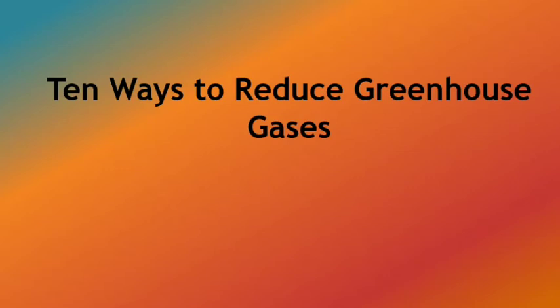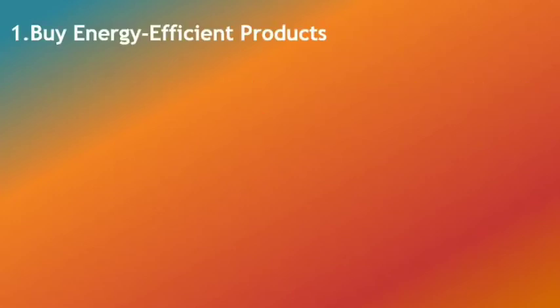You can help to reduce the demand for fossil fuel, which in turn reduces global warming, by using energy more wisely. So you can see the first way we can do this is by using energy efficient products. Home appliances now come in a range of energy efficient models, and compact fluorescent bulbs are designed to provide more natural looking light while using far less energy than standard light bulbs.